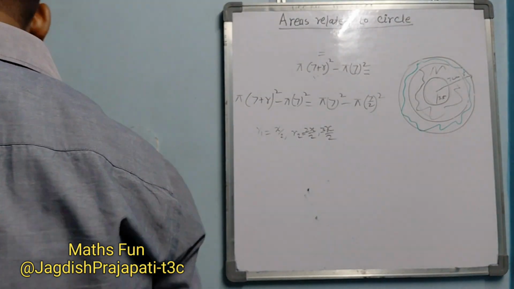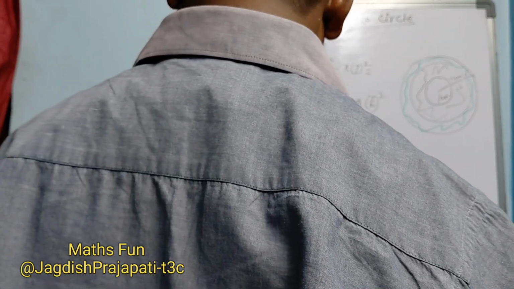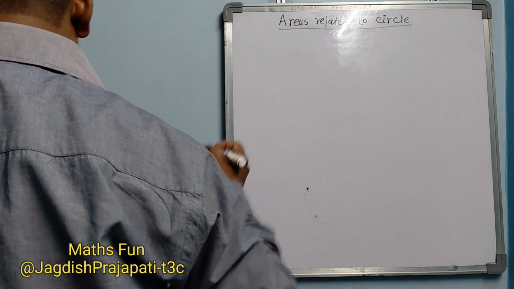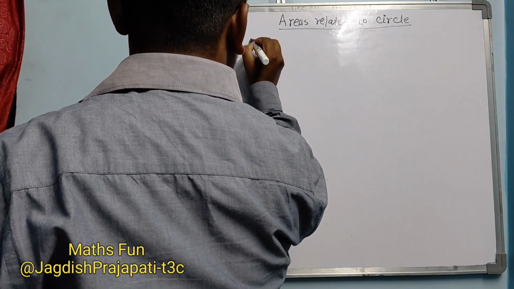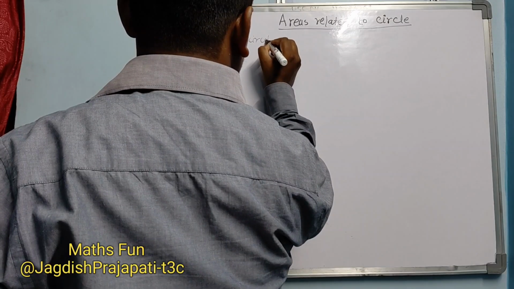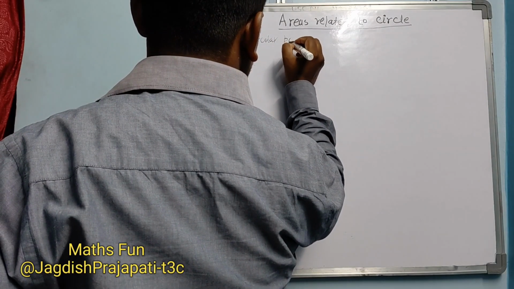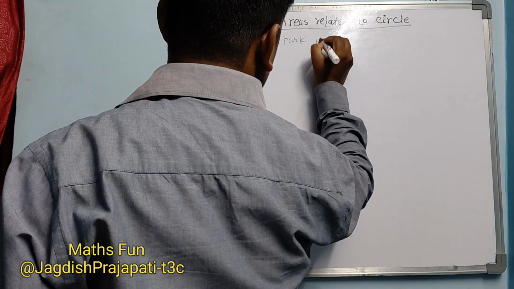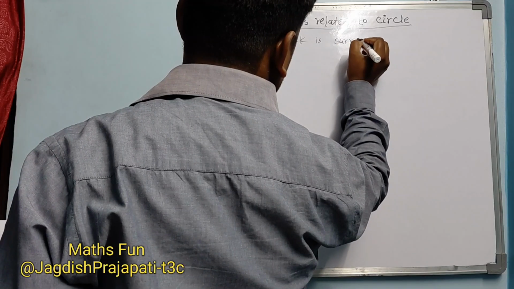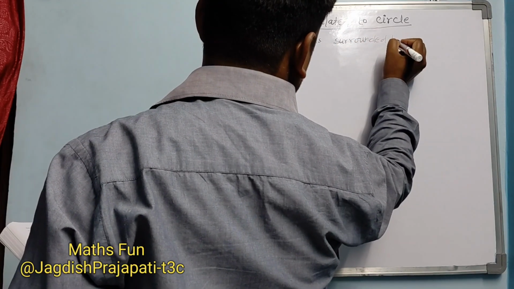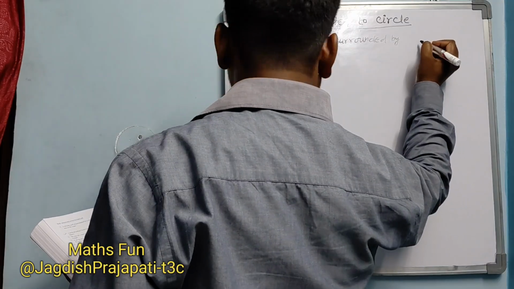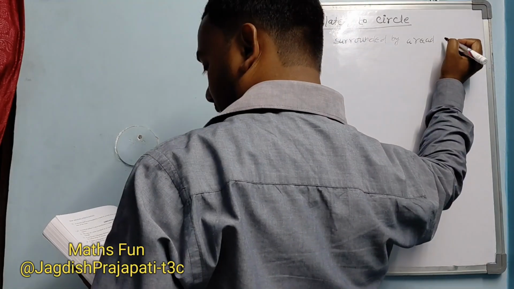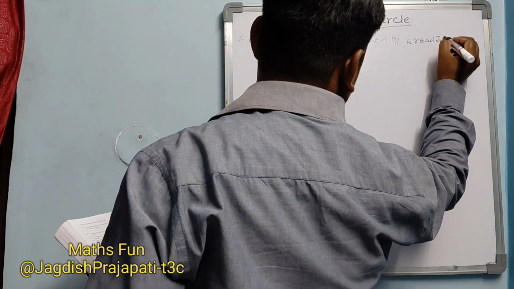I forgot to tell you one more question. A circular park is surrounded by a road 21 meters wide.